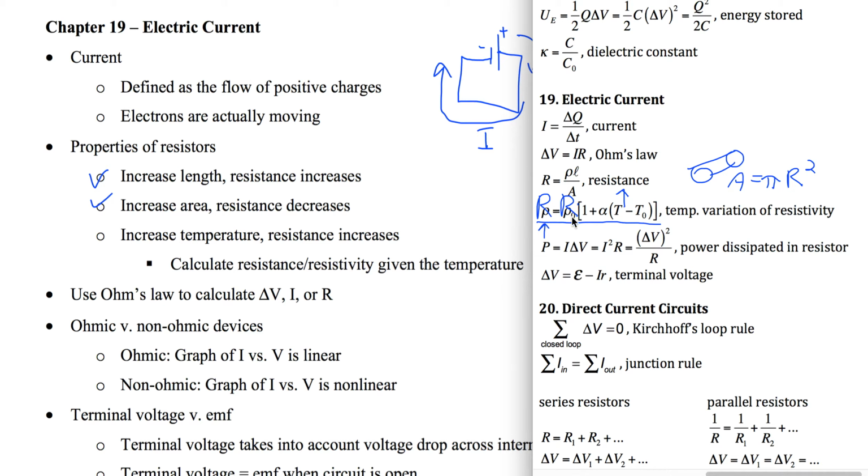The quantities with the subscript 0 are the initial quantities, and alpha is a constant that depends on the material that is usually given to you. So you should be able to manipulate this equation to solve for any of the variables, is what this says right here.